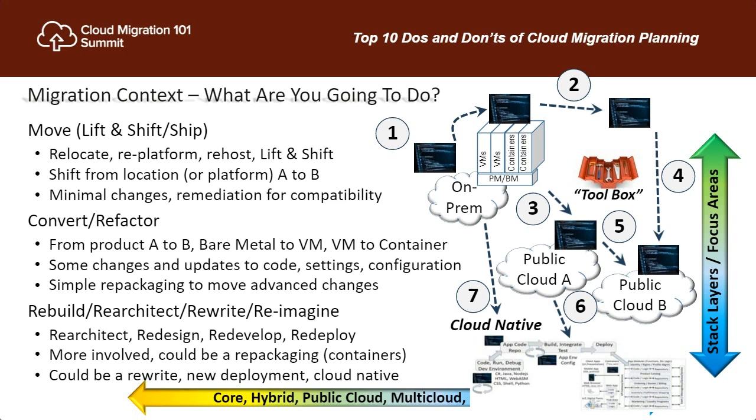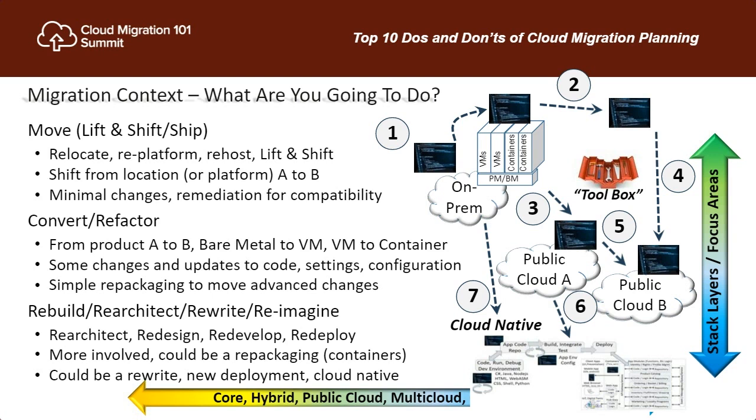It's minimal changes, some remediation for compatibility. Maybe you need to convert from a Gen 1 to a Gen 2 or something like that. But that top is simply pick things up and relocate them. Pick them up and replatform them. The next step is, are you going to be doing a conversion or a refactoring?